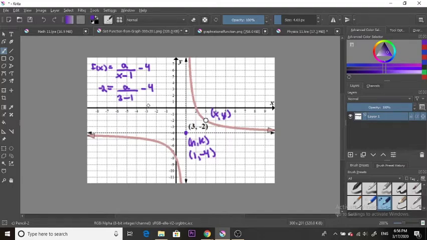So now, order of operations. Figure out what this is on the bottom first. Negative 2 is equal to a over 2. 3 minus 1 is going to give you 2 minus 4. Now let's bring this negative 4 to the other side. It's going to become positive 4.